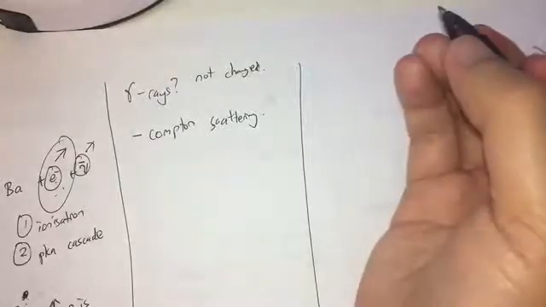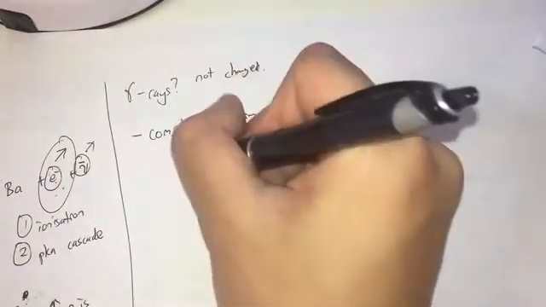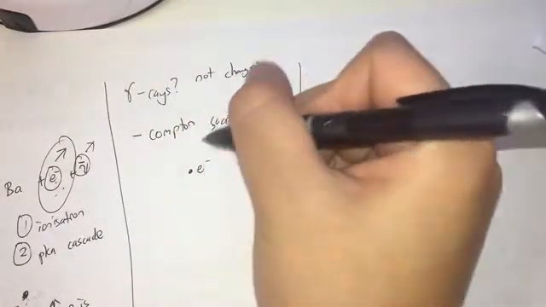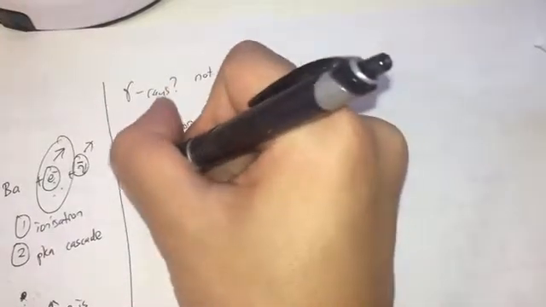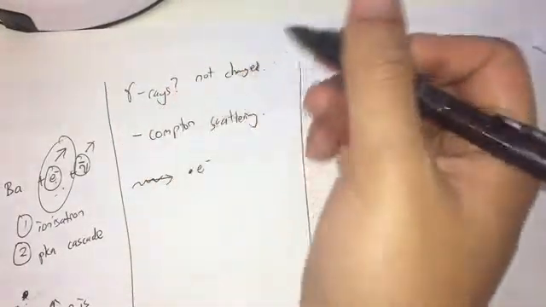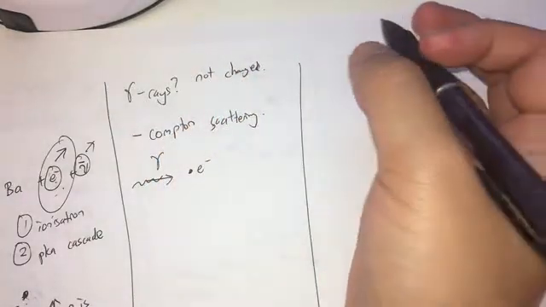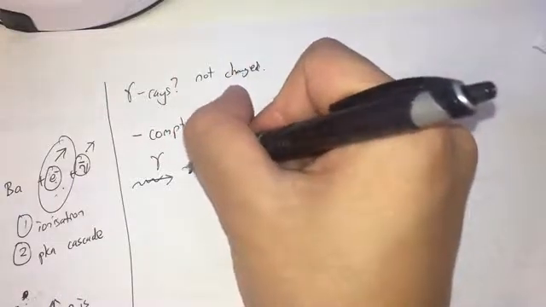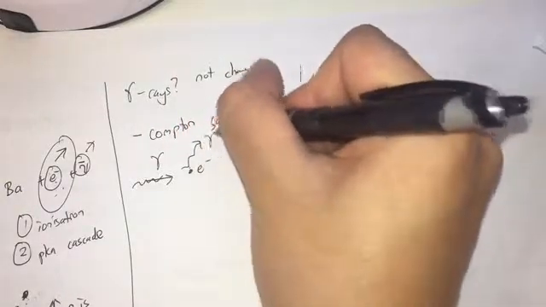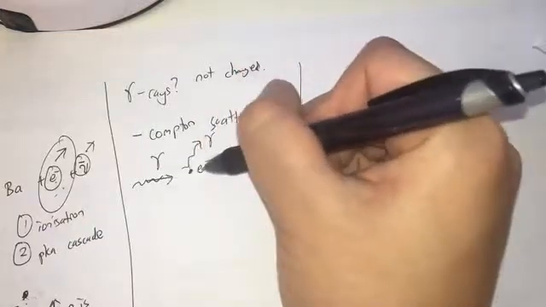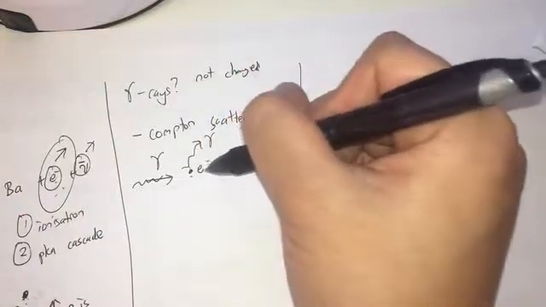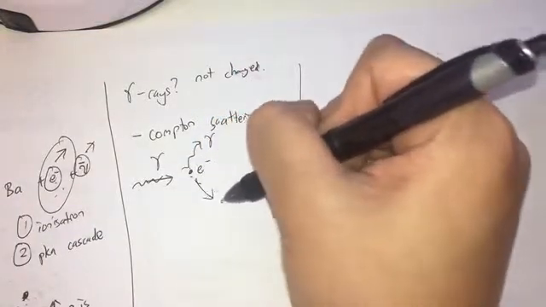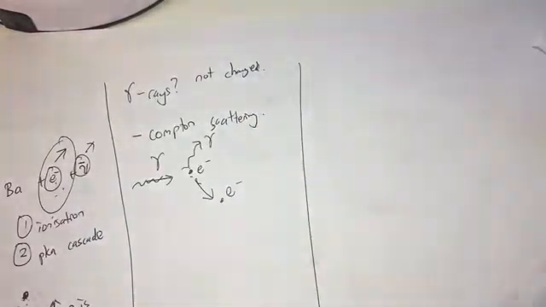So what's Compton scattering? It sounds very complicated, but it's not. It's pretty simple. While this gamma ray doesn't interact that much with the nucleus, it can still cause ionization to occur, basically by knocking off an electron. So this gamma ray imparts some of its momentum and energy into this electron, and this electron will fly off this way. And this is what Compton scattering is.